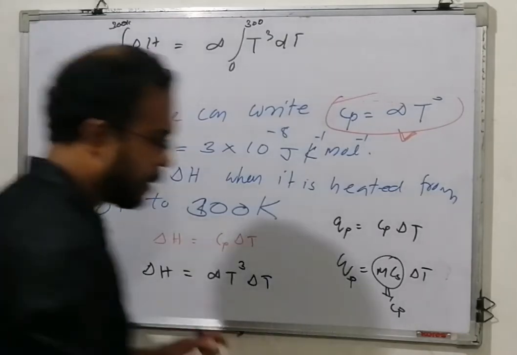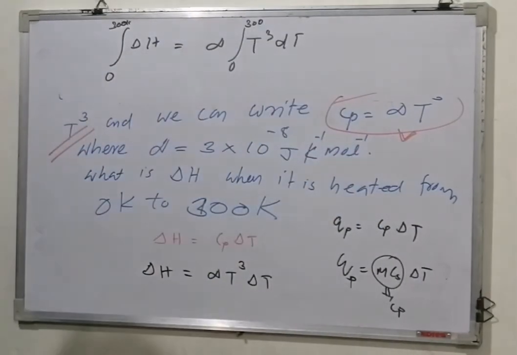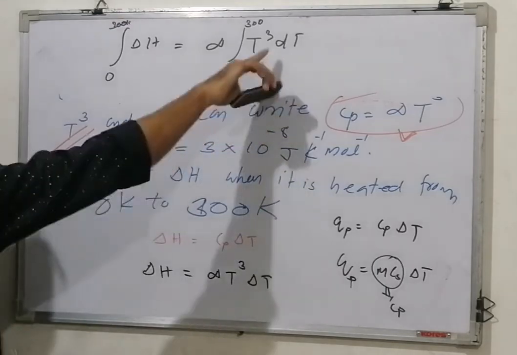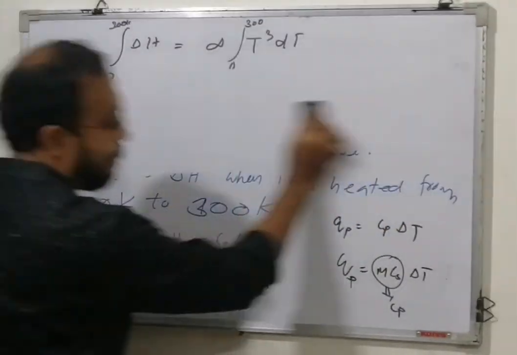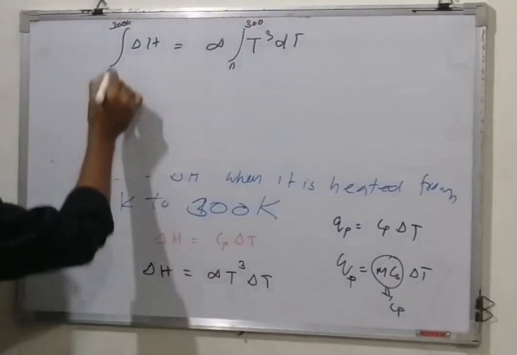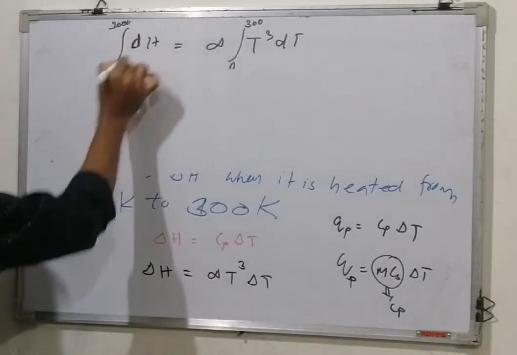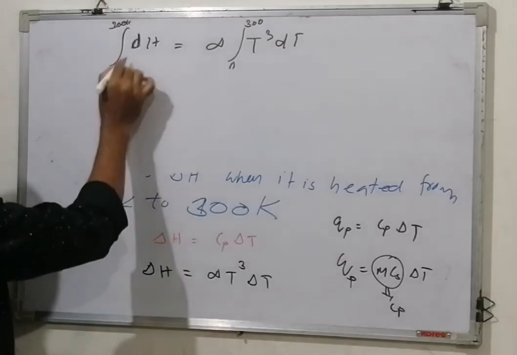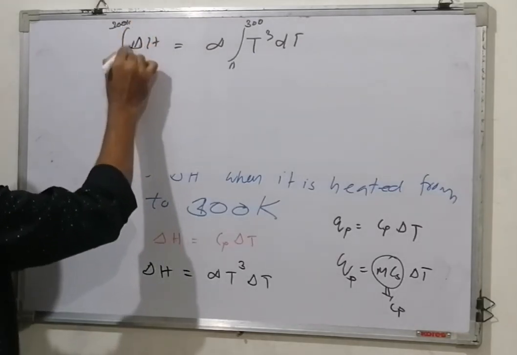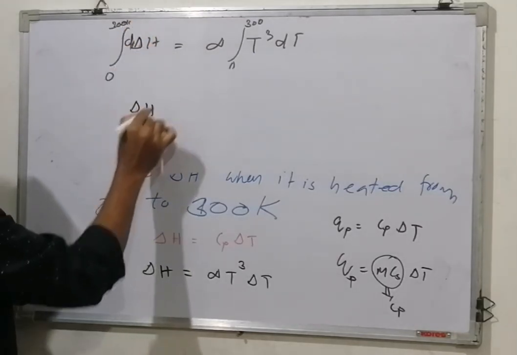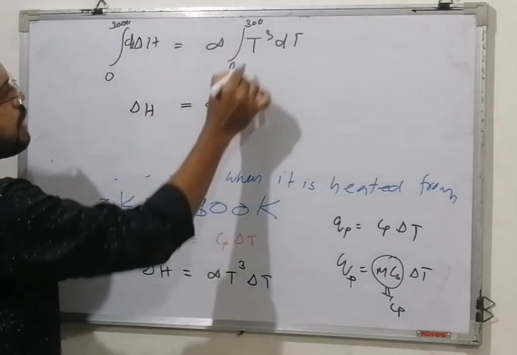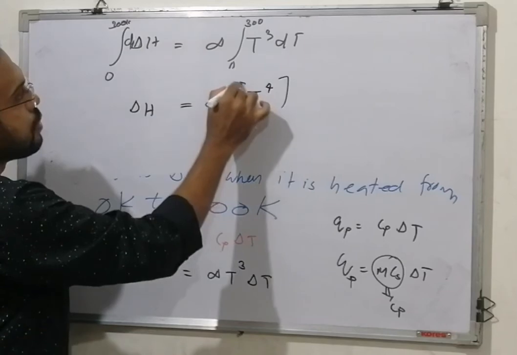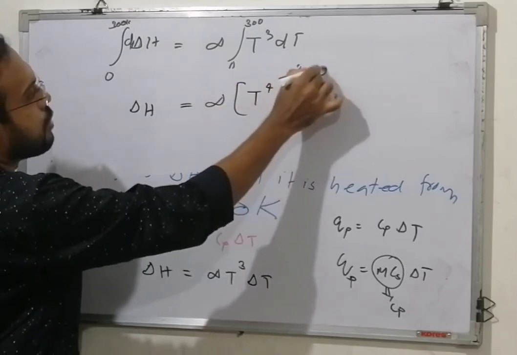For integration I make delta T into dT. Now the integral of d delta H, that is delta H, is equal to alpha times the integral of T cube, which is T to the 4 by 4, from 0 to 300.